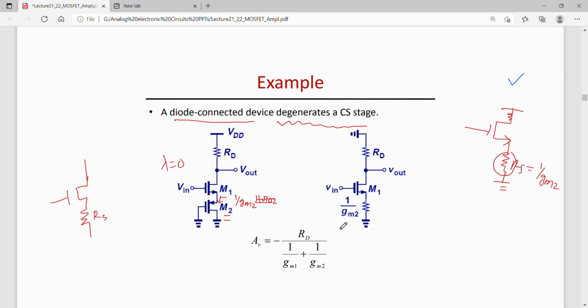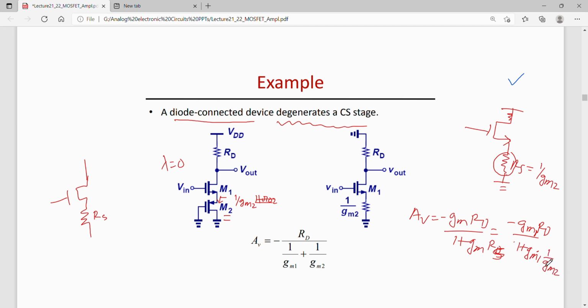So for this circuit I can find the gain. Gain would be simply minus Gm Rd divided by 1 plus Gm Rs, and Rs is 1 by Gm2 here. So one can write minus Gm1 Rd divided by 1 plus Gm1 multiplied by Rs, which is 1 by Gm2.